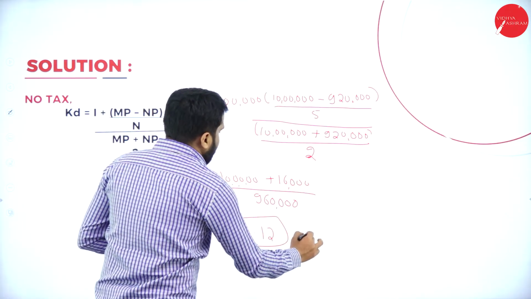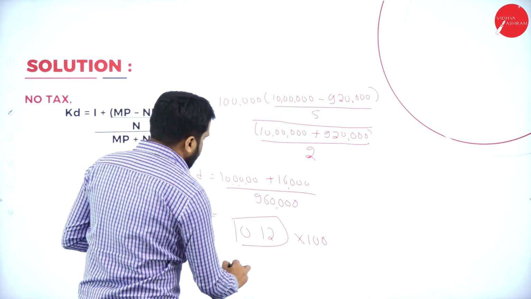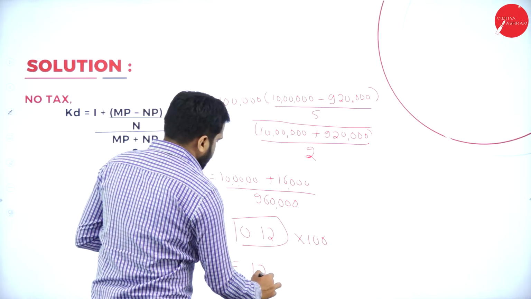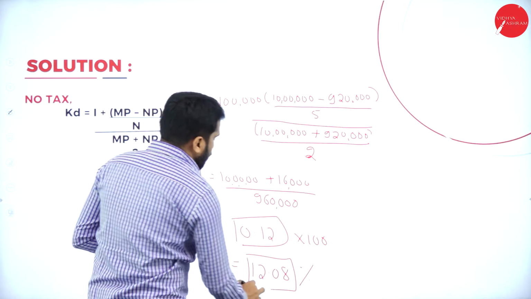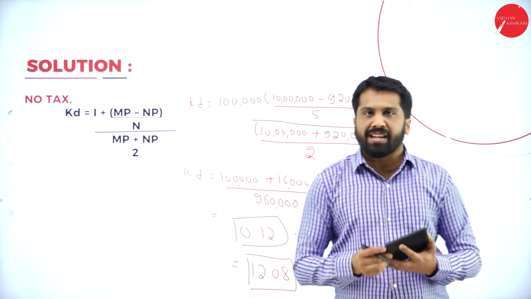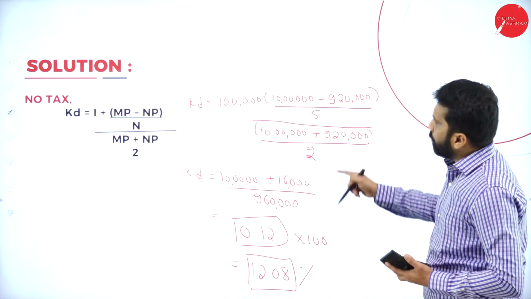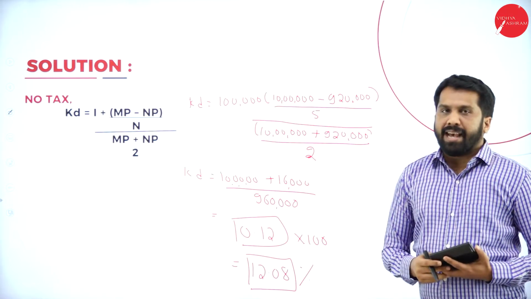I want it in percentage, so multiply with 100, you get around 12.08 percentage. Any doubt? What is the answer? 12.08 is your answer. Hope you understood. If it is without tax, this is the calculation.